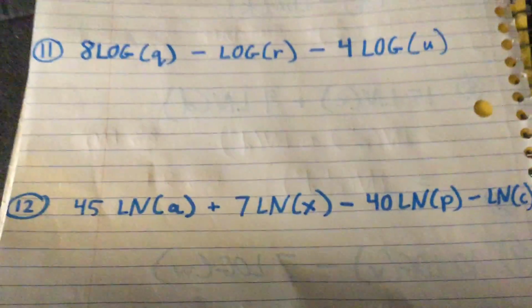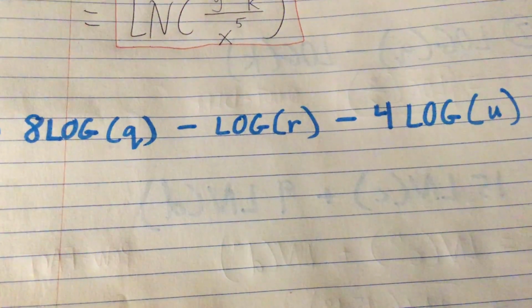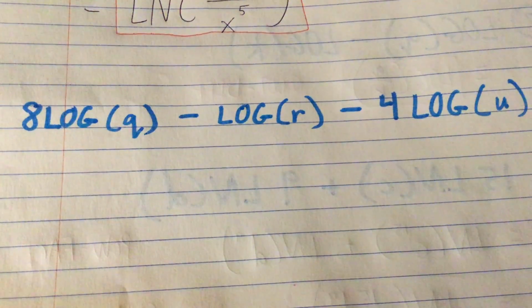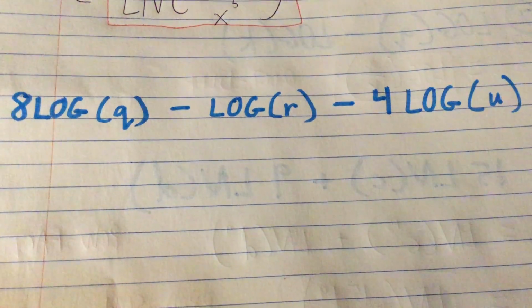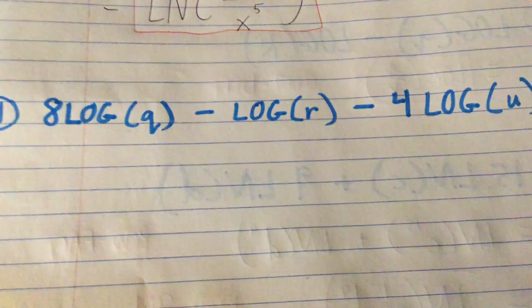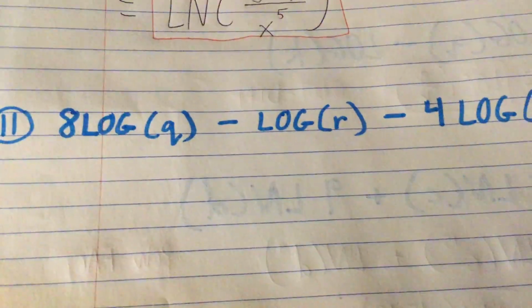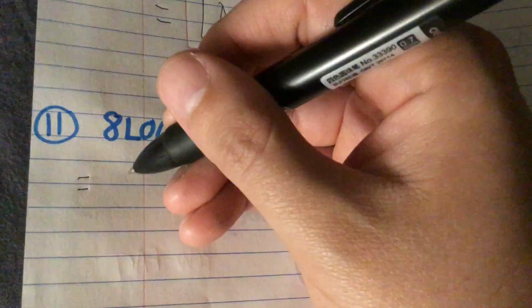All right, 2 more and then we'll call it a day. Number 11. 8 log of q minus log of r minus 4 log of u. Okay. Piece by piece. 8 log of q means that this was originally an exponent at one point. So let's bring it all together.